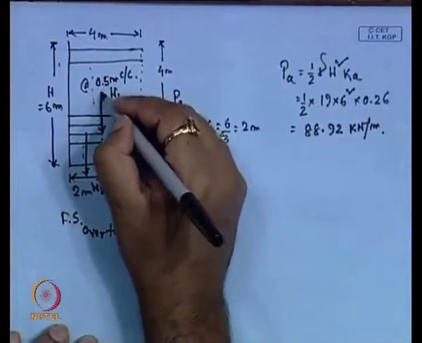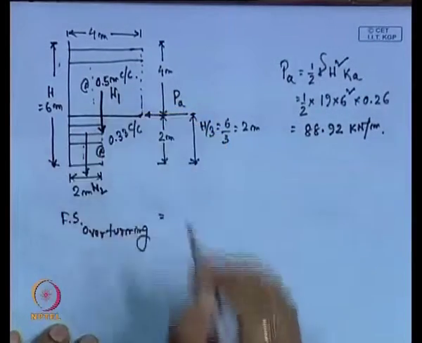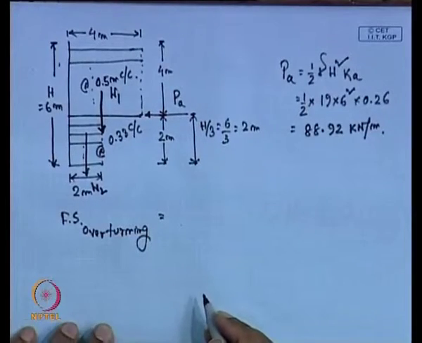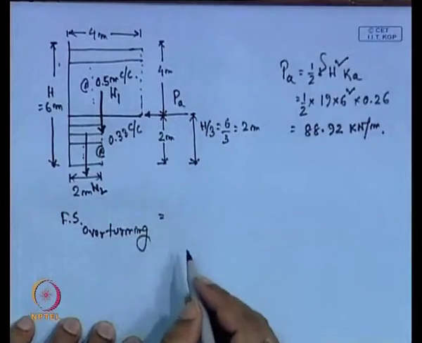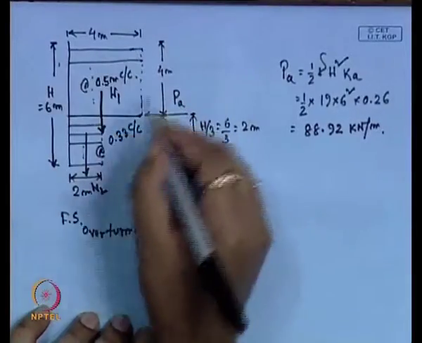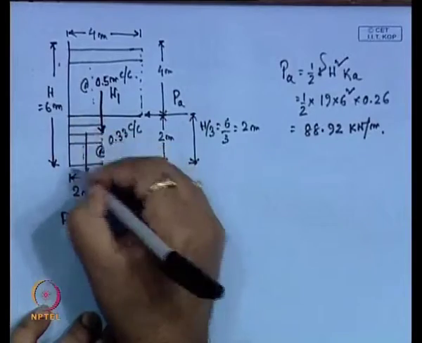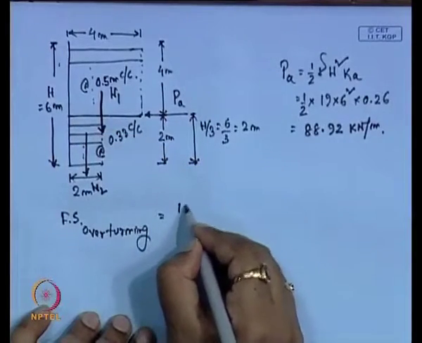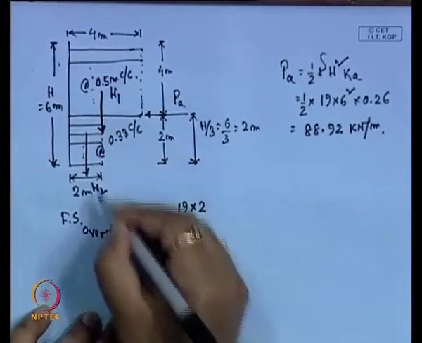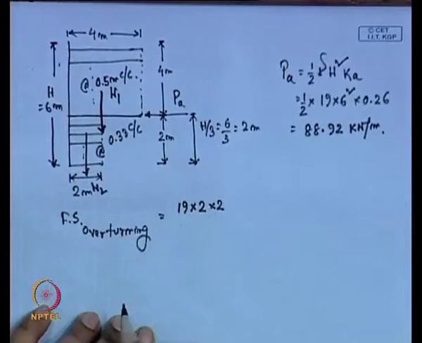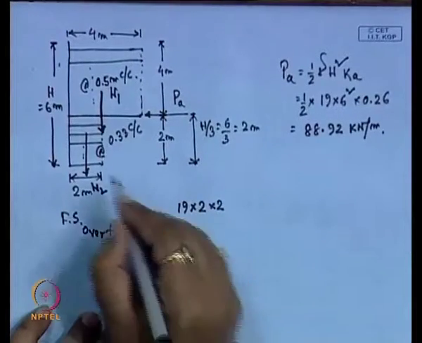First we consider the weight of this lower portion, that is 19 into 2 is the width and 2 is the height.